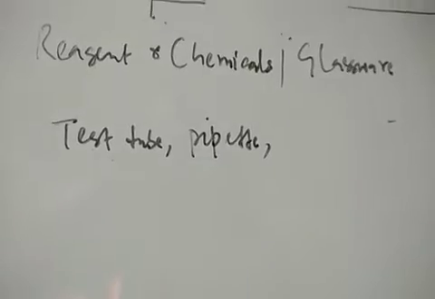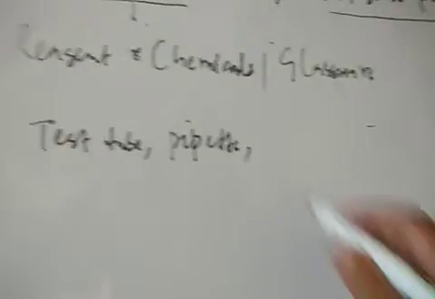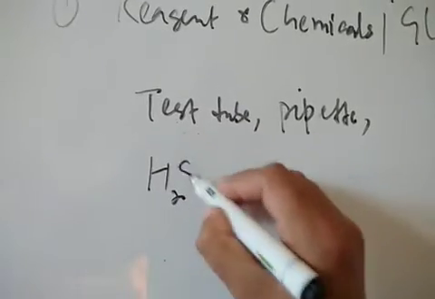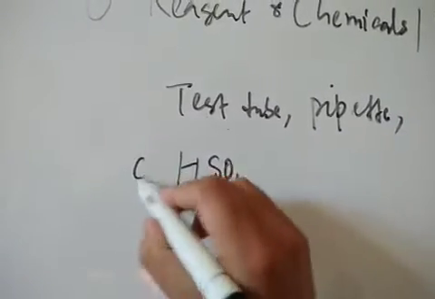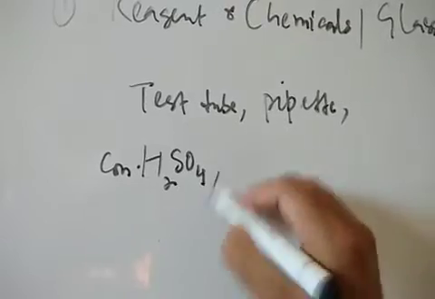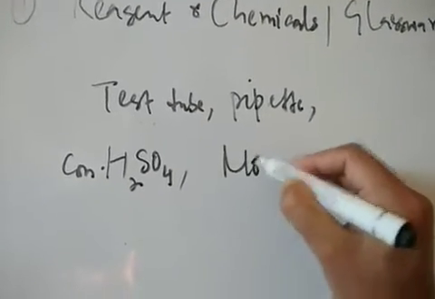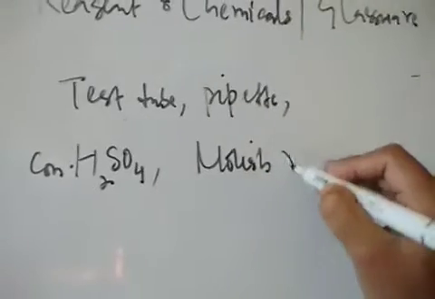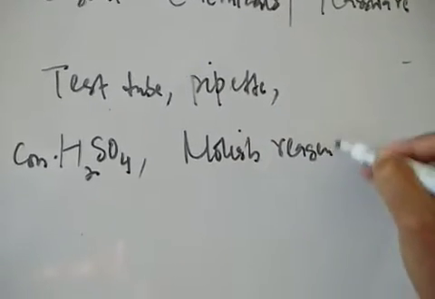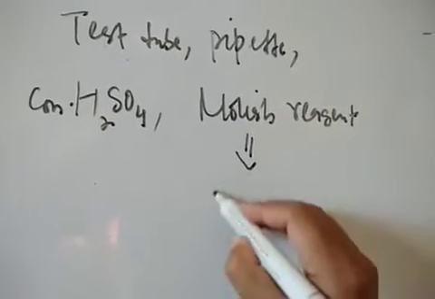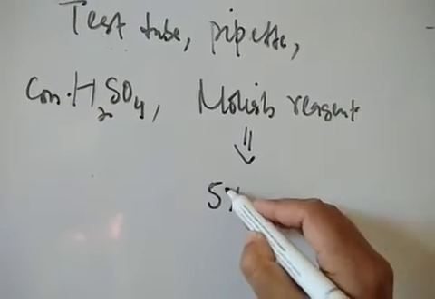And then you require, it's a very simple practical. You require chemicals like concentrated sulfuric acid, concentrated acid जो मार्केट में होता है. Then you require Molisch reagent. इसको मैंने कहा था, it's present in the market. अच्छा, Molisch reagent, in this practical we use 5% of alpha naphthol.